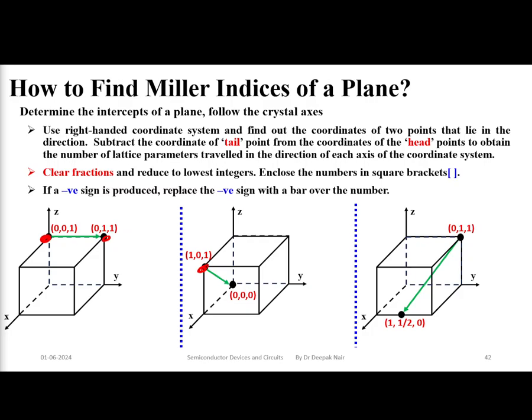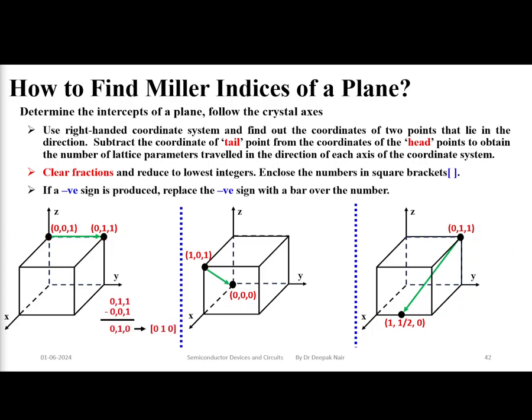So remember, this is our tail point and here we have the head point. The arrow is showing the head and here you have the tail. So the tail is at 0, 0, 1 and at 0, 1, 1 we have the head.